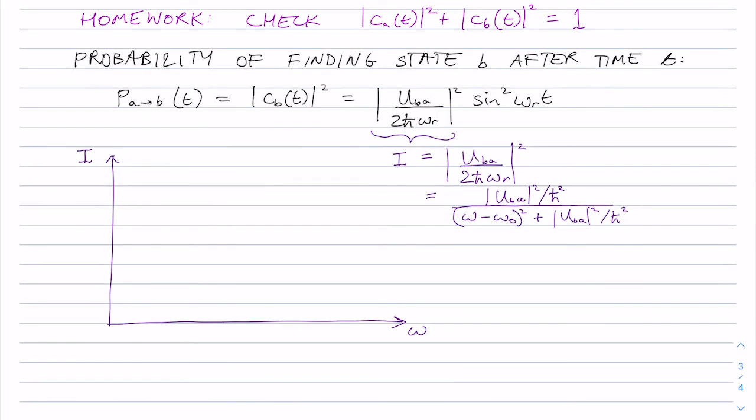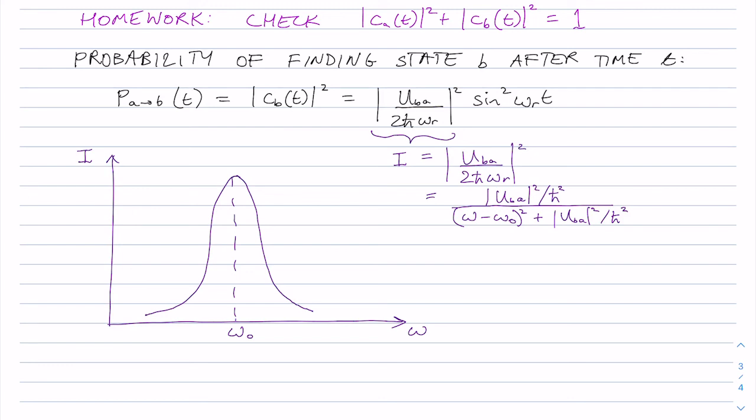And what we've got here is a function of omega minus omega naught, which is a Lorentzian. So it looks very much like a kind of a driven oscillator type problem from classical physics. You've got a Lorentzian profile centered around omega naught, which is the natural frequency of the system.